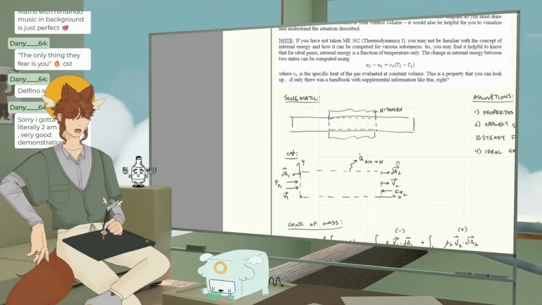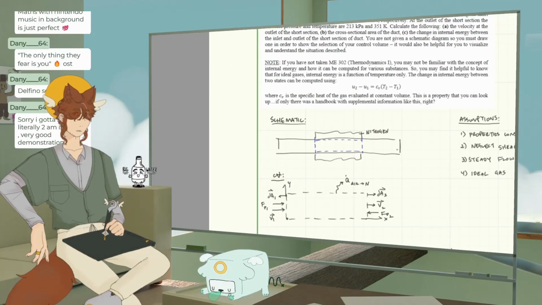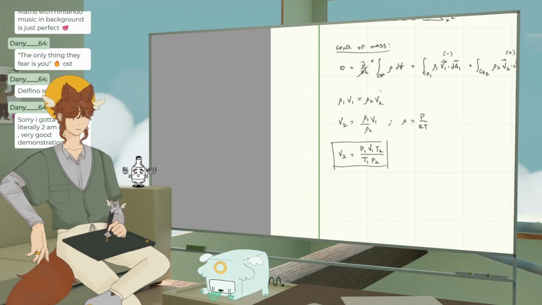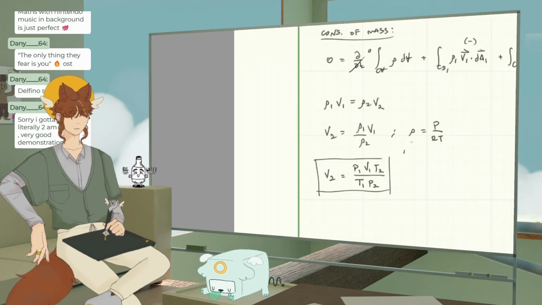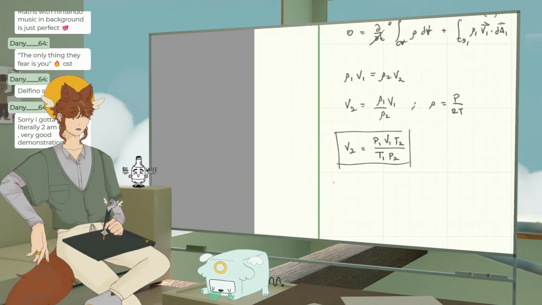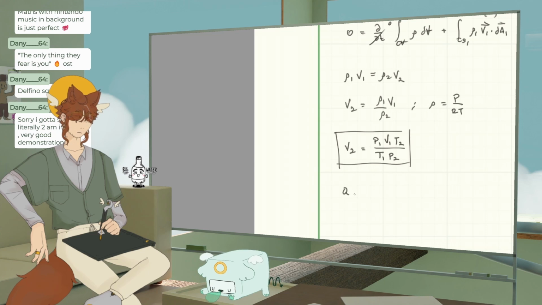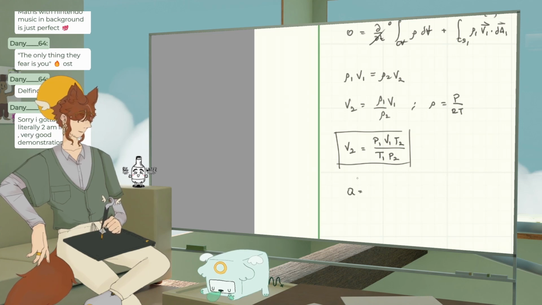Alright, so that's A. And then we also have to find the cross-sectional area of the duct. Okay. Really not that bad. If we assume that the velocity is uniform, which we also did, we can do some little calculations. We can say m dot 1, or I guess like Q, equals... oh, we can just do this at the beginning.